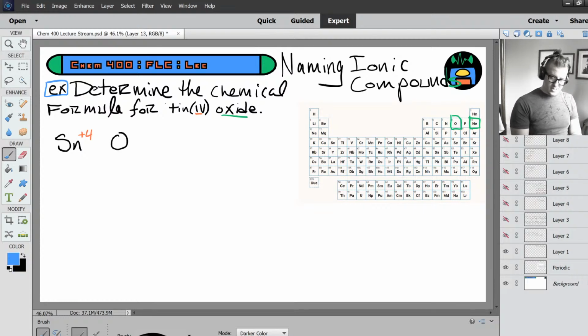So oxide has a charge of -2. And now to balance these, 2 goes into 4 twice, right? So we need 2 oxide anions to balance with the total charge of tin in this molecule. So tin 4 oxide will be SnO2.